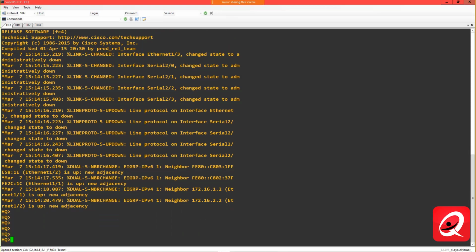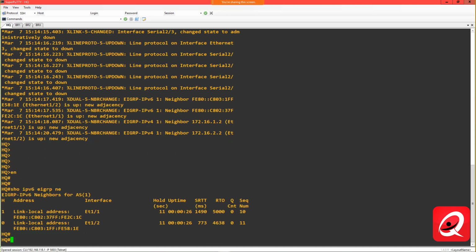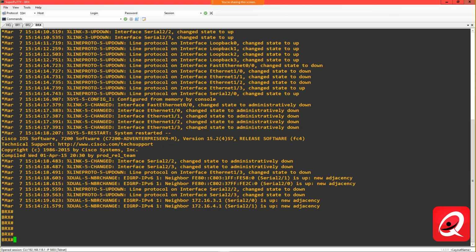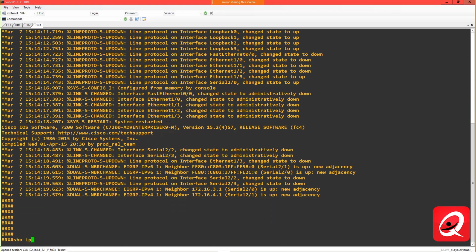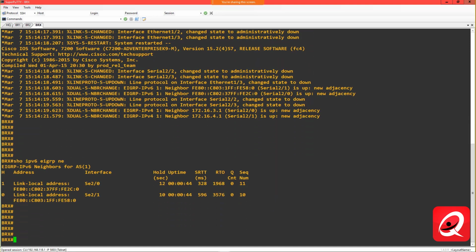So what we should see, I'm seeing adjacencies come up. If I see show IPv6 EIGRP neighbors, yeah, looks like we're good to go. Should have 2 neighbors there, and I should have 2 neighbors here. Show IPv6 EIGRP neighbors. All right, awesome. So we've got our topologies all set, ready to go.